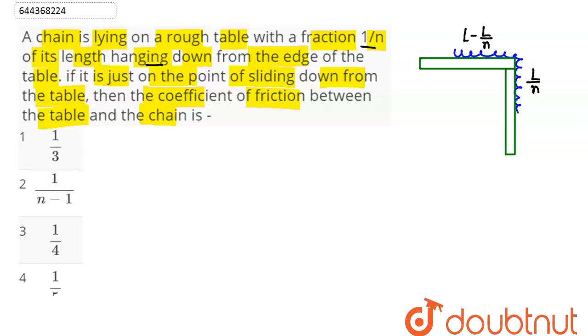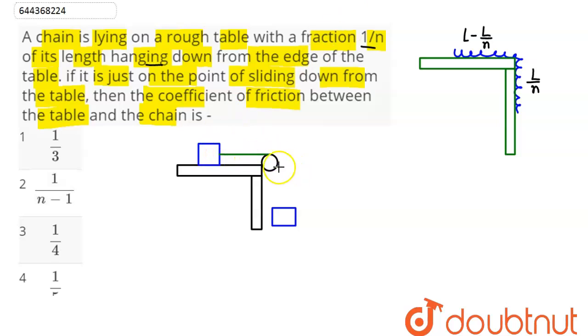So we can convert this question into a pulley problem, a 2-block problem. Suppose this is our pulley system. Now suppose there are 2 blocks here. This is our first block, this is our second block hanging downwards. Next we have a string, which is attached to the block and to this pulley.